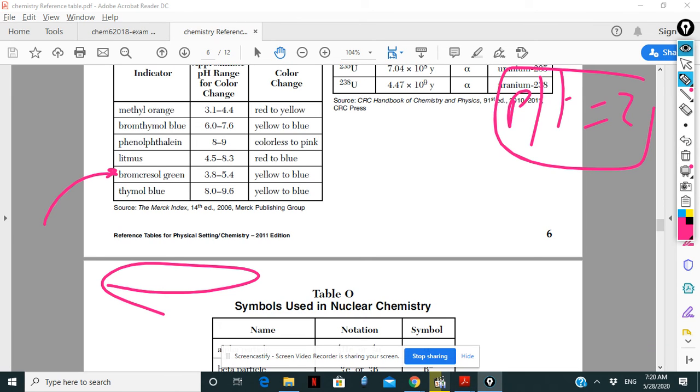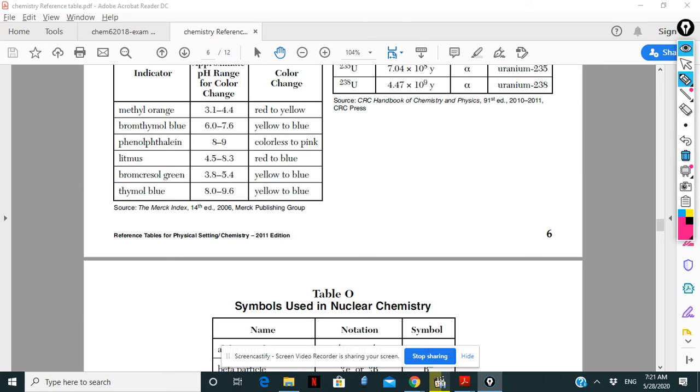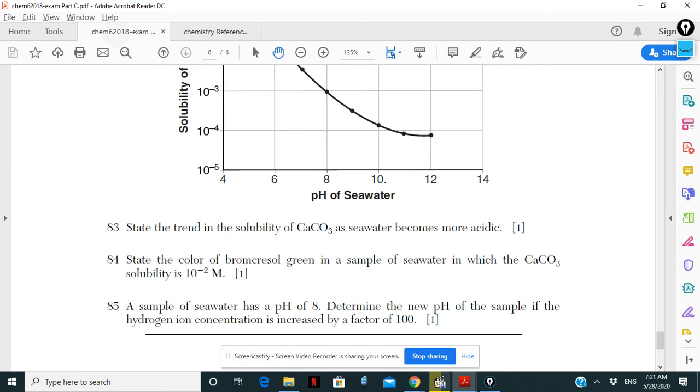I said the pH is 2, so it should be yellow. I think I made a mistake. Let's read the question again. State the color of bromocresol green in a sample, which is okay.